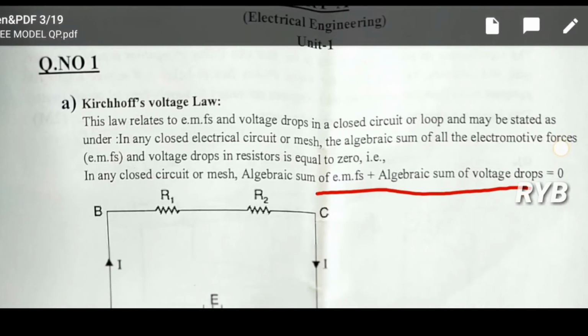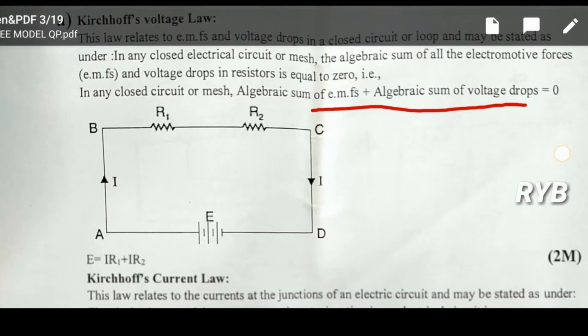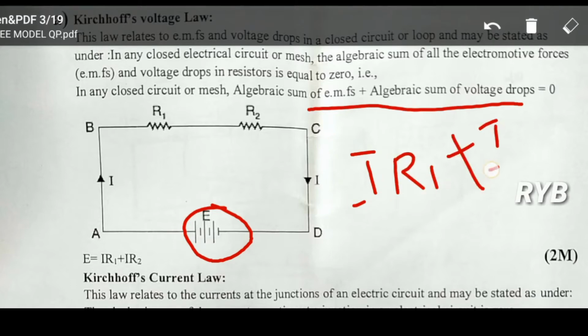If you consider a circuit where R1 and R2 are the two resistances, I is the current and this is the EMF source, then I1 R1 plus I2 R2 equals 0. The voltage across this one is V1, V1 equals I1 R1, and V2 equals I2 R2.